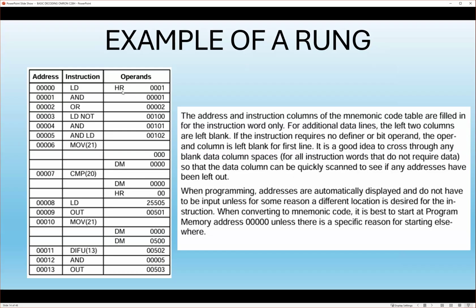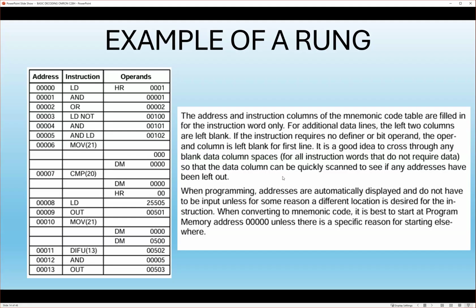I can't even remember myself, that's why I put it in here 4 times, but HR001, holding relay 1, and or load not, and we'll start to go over what these load nots do. The load not can be another attachment to the leftmost part of the ladder itself. And we'll get into some examples so we can see it a little bit better.